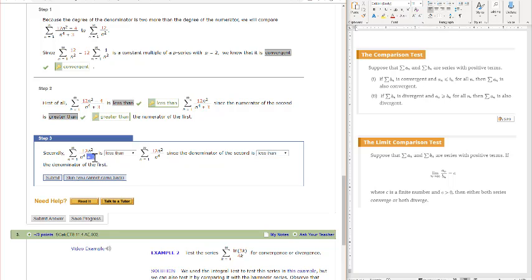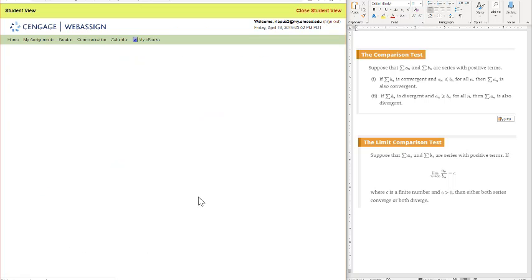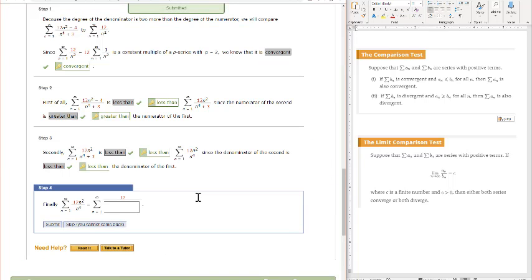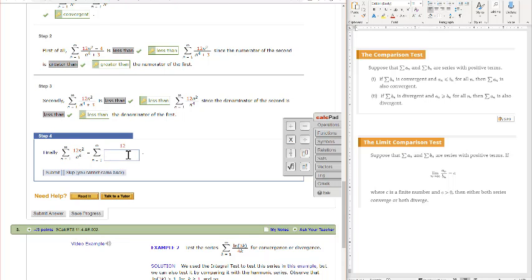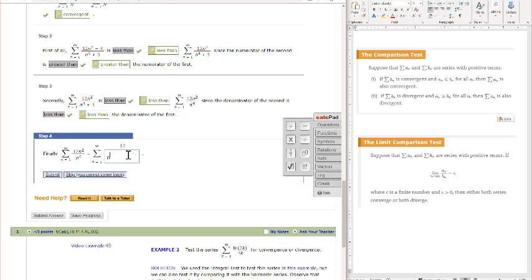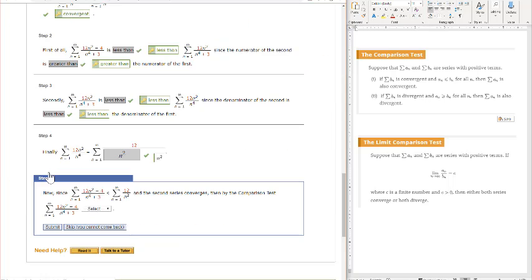Because in the first one you're adding 3, in the second one you're adding nothing, so it's less than. Now this is equal to 12 over n squared, which is what we looked at in the beginning.